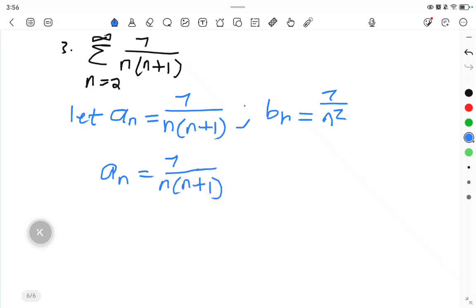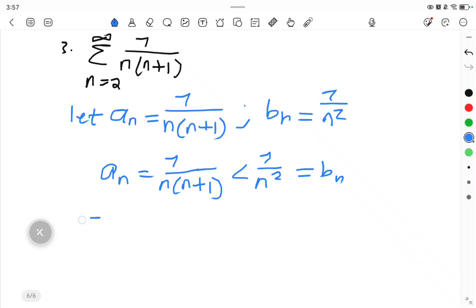Is this greater than or equal to bn? I know it will be less. So an is less than 7 over n squared, which is equal to bn.